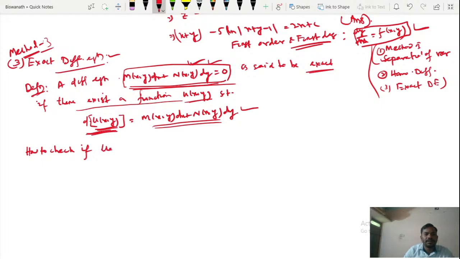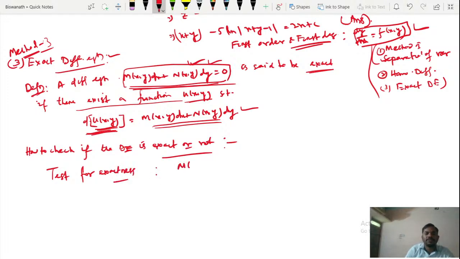So how to check if the differential equation is exact or not? There is a test for exactness. If the equation is in the form M of xy dx plus N of xy dy equal to 0, then find del M by del y, the partial derivative of M with respect to y.